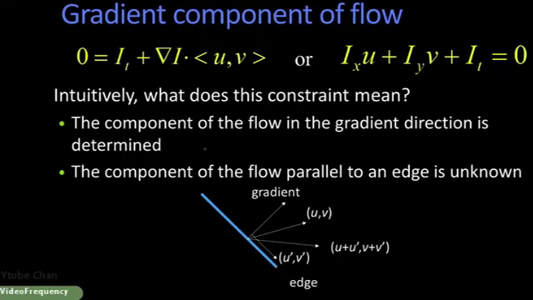So if this is the direction of our gradient, as indicated here, and suppose this is my real UV right there, well, any other UV that has the same component in the direction of the gradient, but has an extra component U prime V prime parallel to the edge, this new vector, the original UV plus U prime V prime, has the same amount perpendicular to the edge in the direction of the gradient, but a different amount along the edge.